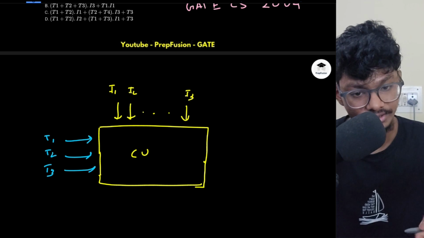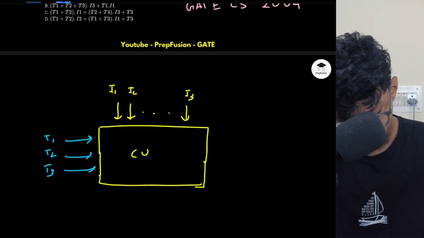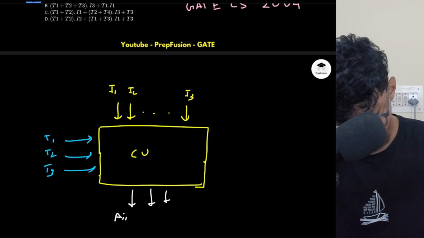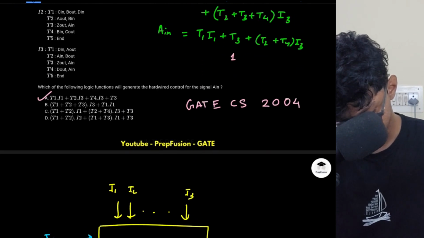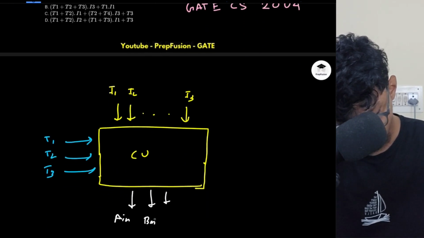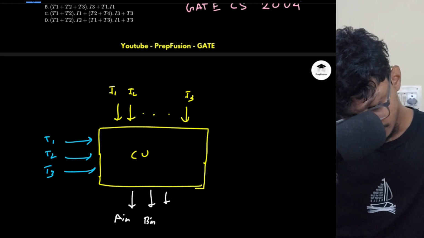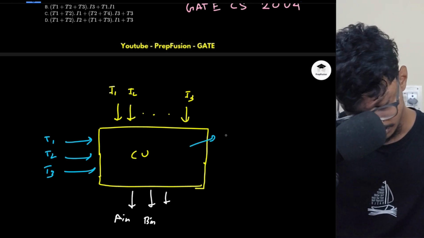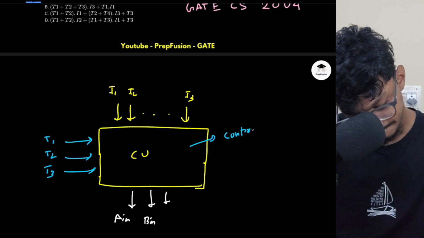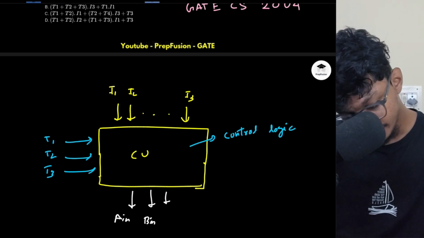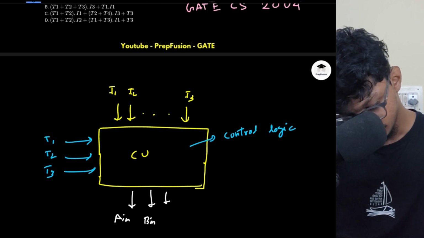Now what it will do is it will give me the output. It will give me the output of what? A in will be here, then other logic, right? B in will be here. Each will have its own control signal, and this is what I am implementing. Control logic. I am implementing the control logic in hardware. This is hardware, right?